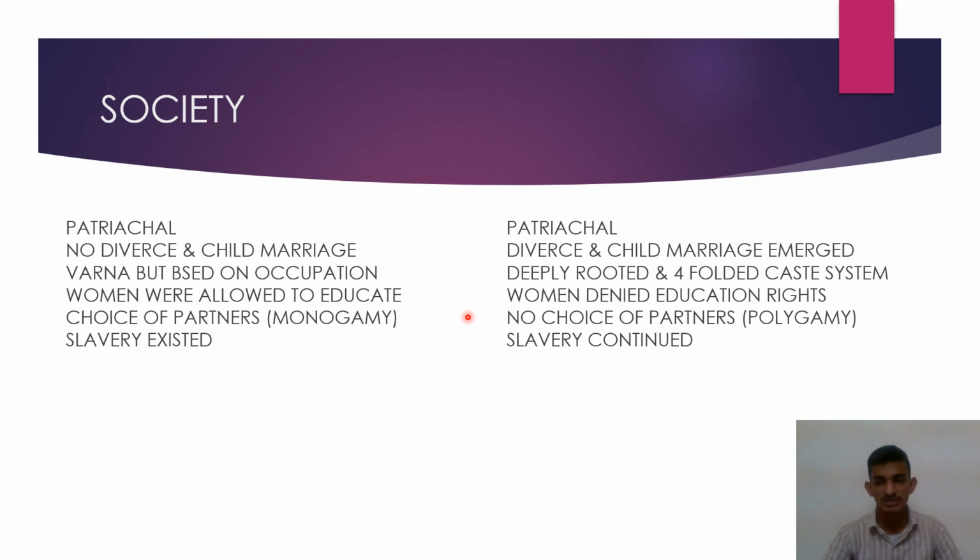Shudras are nothing but the lower class, and the choice of partners was lost, and women were not given the educational rights, and polygamy started to be practiced, and slavery continued. To be more precise, the slavery increased.